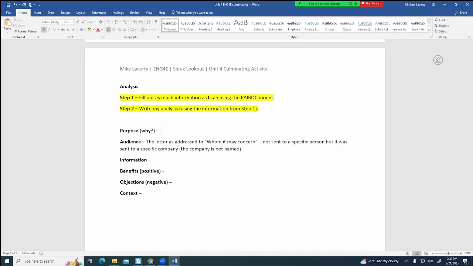So you could say the purpose is, and if you really want to get really specific about this, you could even talk about how this is an example of a letter, but you don't have to. I would just talk about the letter as if it's one you found in the real world.